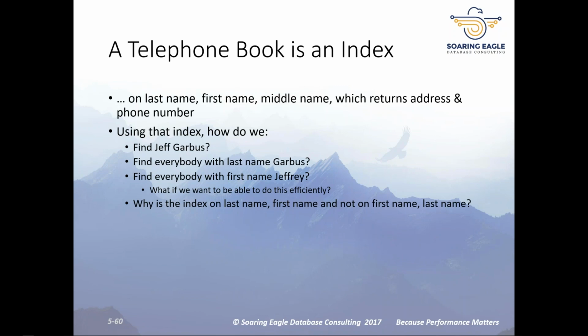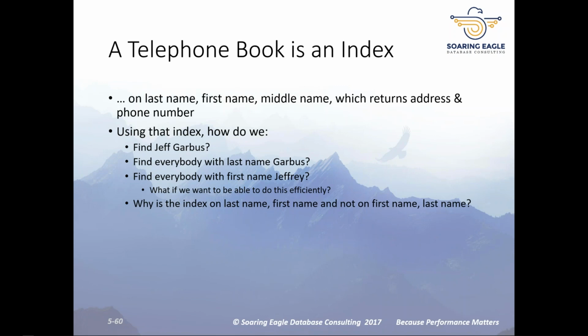Well, this is what we're going to do for the Jeffreys. We're going to have a separate telephone book, which is going to be sorted by first name. Since we sort that telephone book by first name, we're not going to have the address and the phone number. Relational theory says stored in one place, not in two. So in that second telephone book, we're going to have a pointer to the original phone book with the page number and the row ID that corresponds with the Jeffrey.